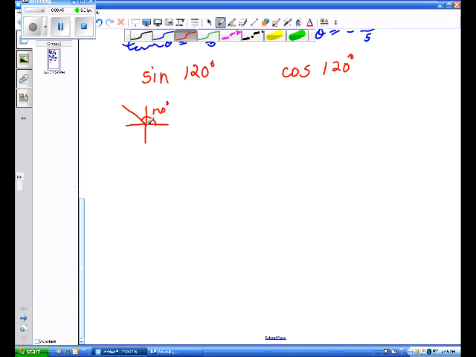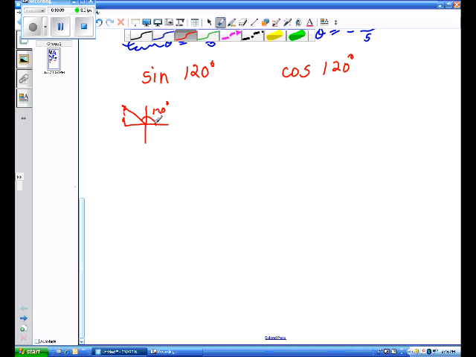Well, the problem is the only way we know how to find the sine or cosine is with a point. So we need a point on our terminal side. Well, if we pick a point and we go down to our axis, then we're going to need the coordinates for that point.